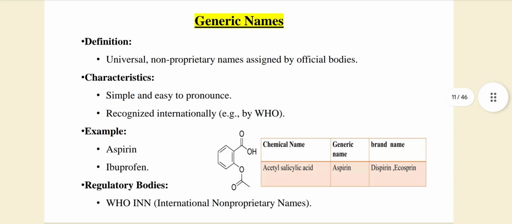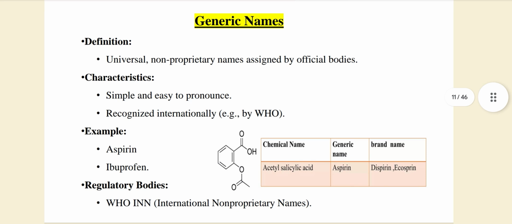The second one is the generic name. Definition: a universal non-proprietary name assigned by official bodies. Characteristics: simple and easy to pronounce, recognized internationally by the WHO. Examples include aspirin and ibuprofen. The regulatory body is the WHO, INN, international non-proprietary names.